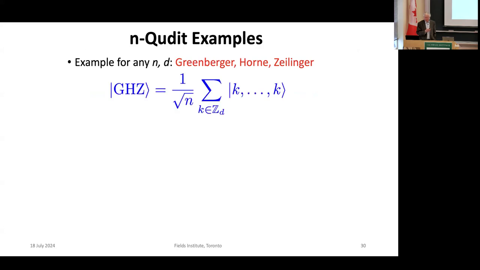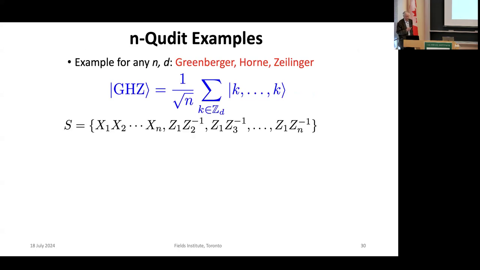It's called GHZ, and it's just the sum of the states |k,k,k,...,k>, normalized. So here the stabilizer is the product of X's and a pair of Z's, Z1 Z2 inverse, Z1 Z3 inverse, and so on.